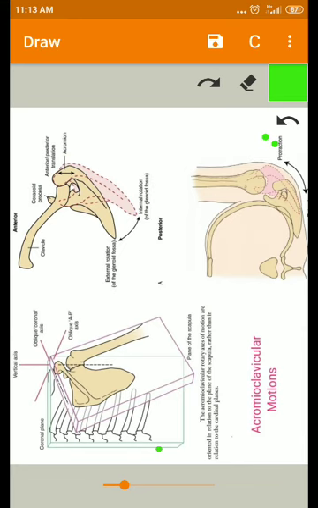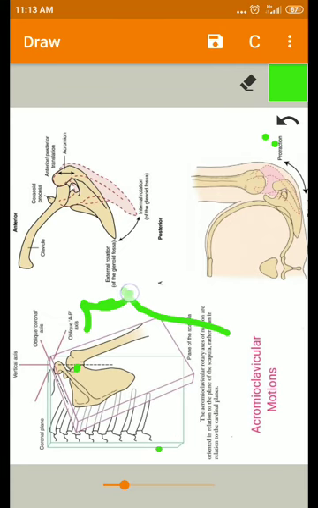can be best visualized by bringing the glenoid fossa of the scapula anteromedially. For example, this is the position of the glenoid cavity of the scapula. If you see this, it appears somewhat laterally.